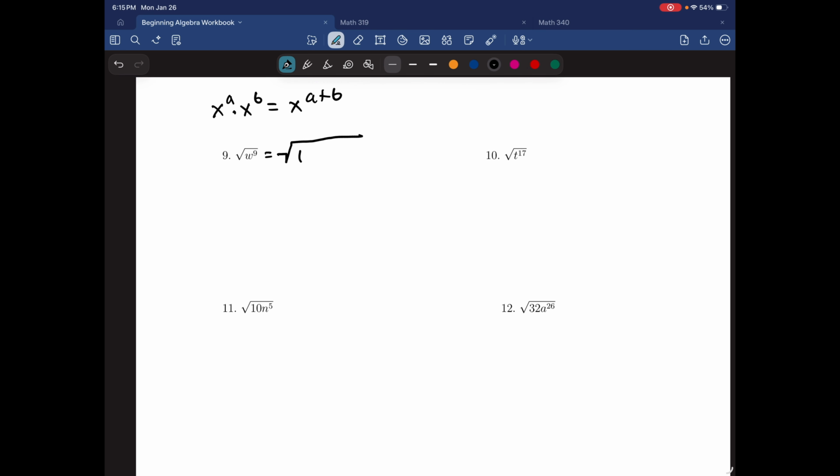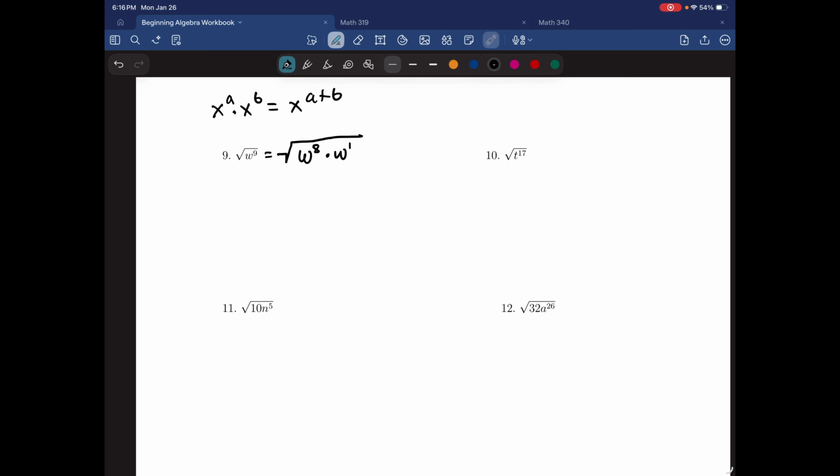So we can rewrite w to the 9th as w to the 8th times w, because w, in essence, has a power of 1, and 8 plus 1, using our exponent rules, is 9. So we can rewrite w to the 9th as w to the 8th times w to the 1st power.